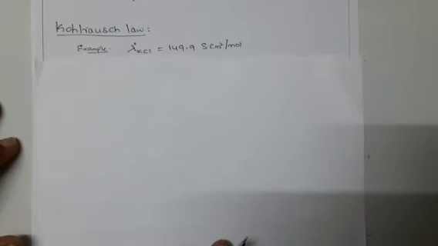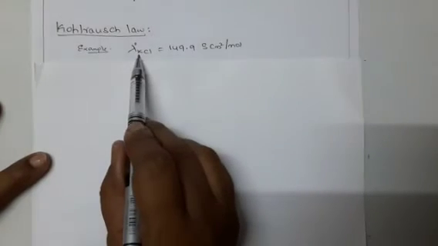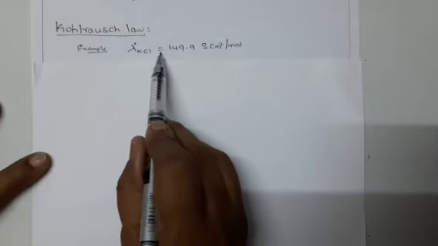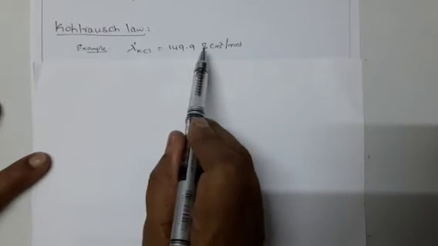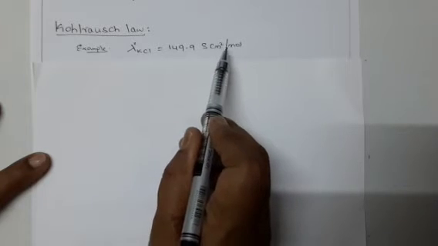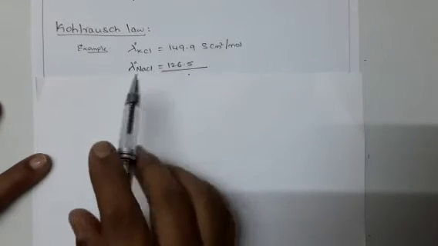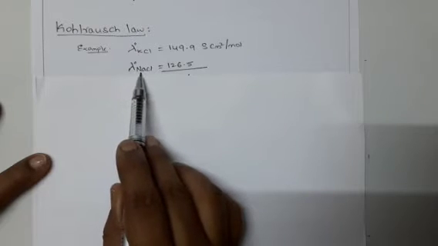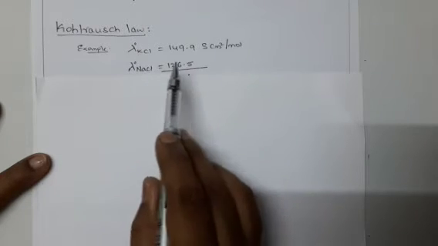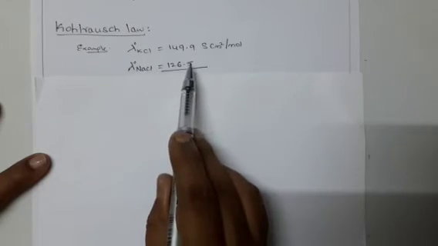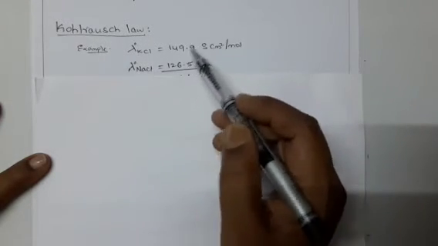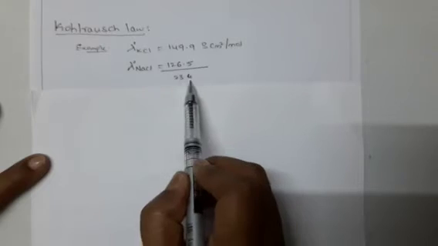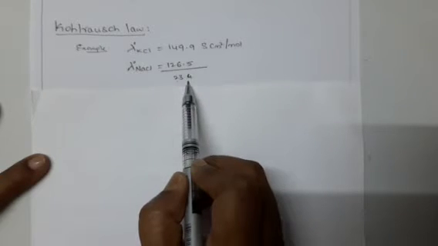For example, the limiting molar conductivity of KCl is recorded as 149.9 Siemens centimeter square per mole. Another one, limiting molar conductivity of NaCl, is 126.5. When we take the difference, we get 23.4.